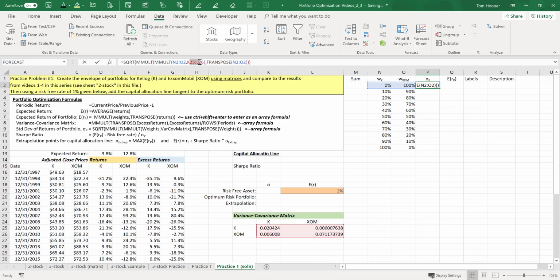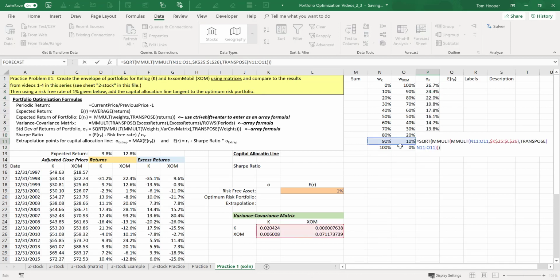If we had locked those cells, then we could Control Shift Enter and copy down. Let's go check that, looking at the correct weights and the covariance matrix.